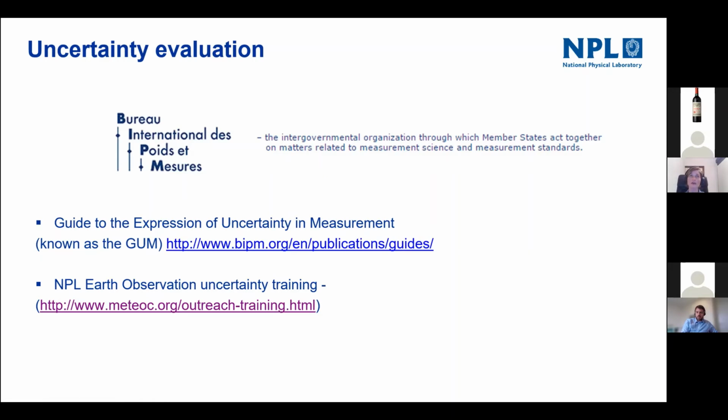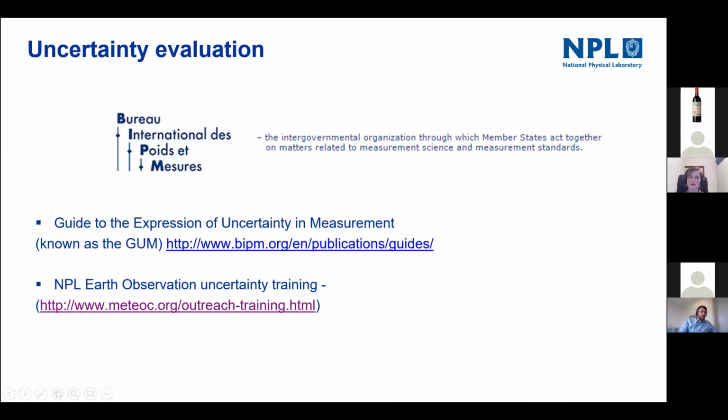And that is maybe not always easy to digest. This is very much statistical language, and the examples there are related to laboratory measurements. There is not a lot of linkage in the GUM to remote sensing, to applications that are taken in situ, or to Earth observation.